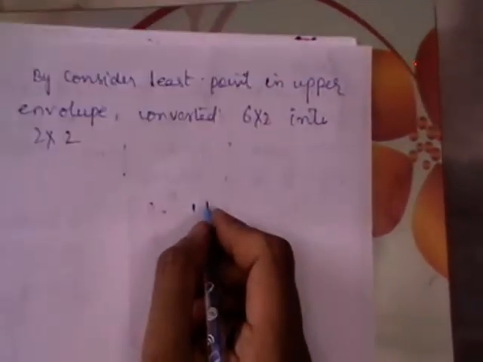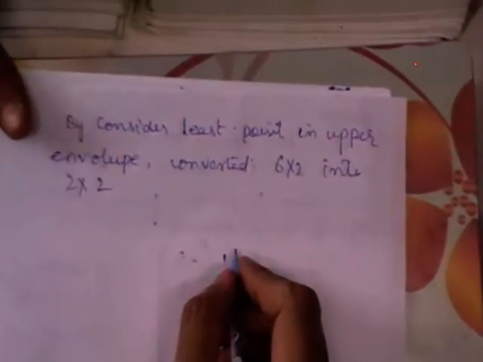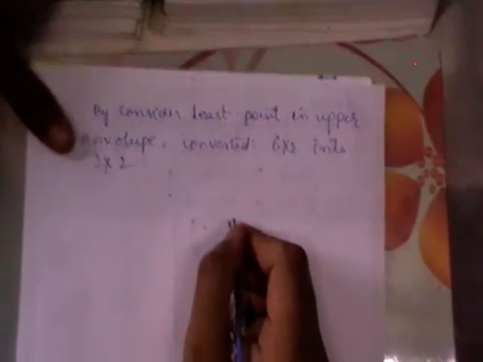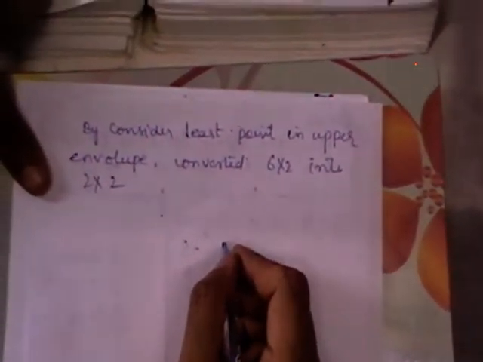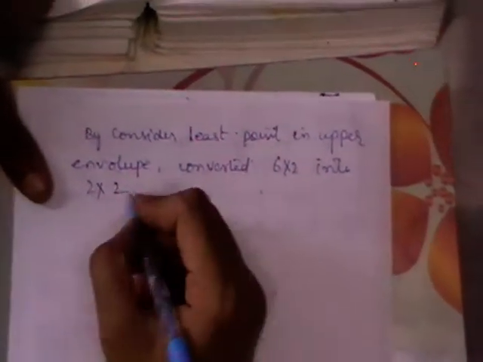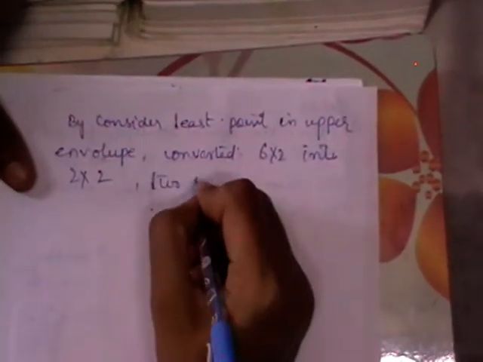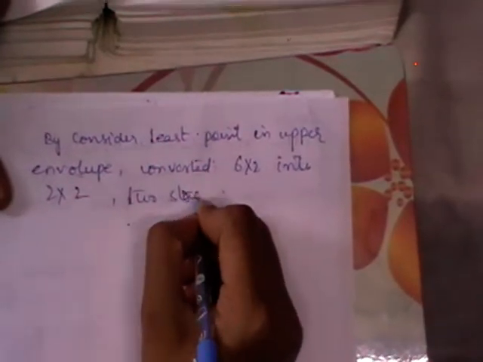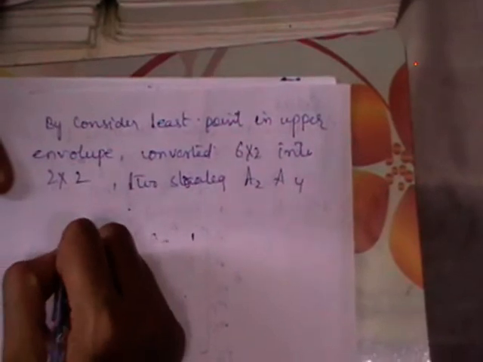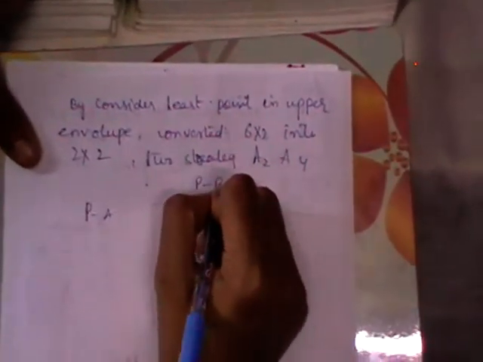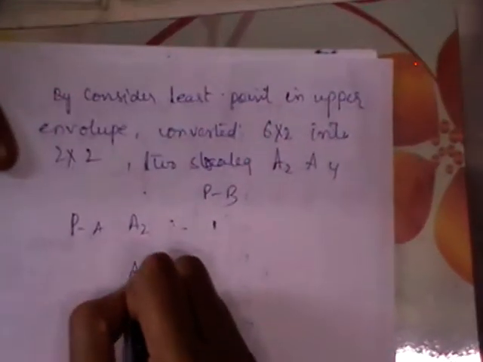I think the least point obtained at H is the combination of two strategies, A2 and A4. So write down here player A, player B. Here you are going to write A2, A4.